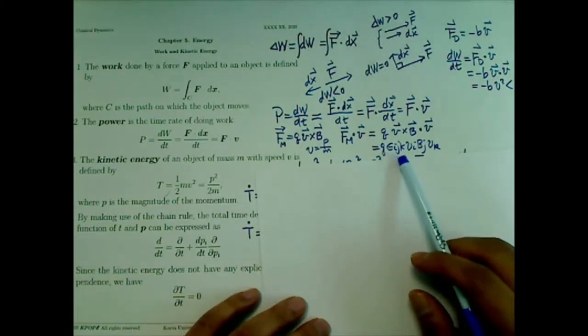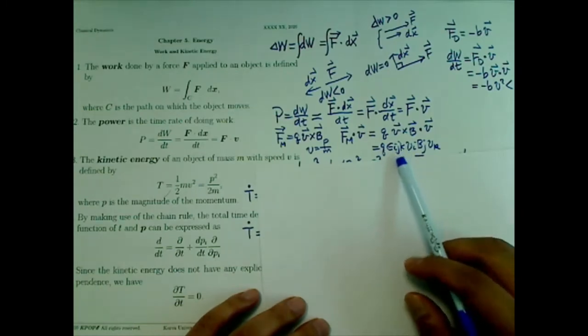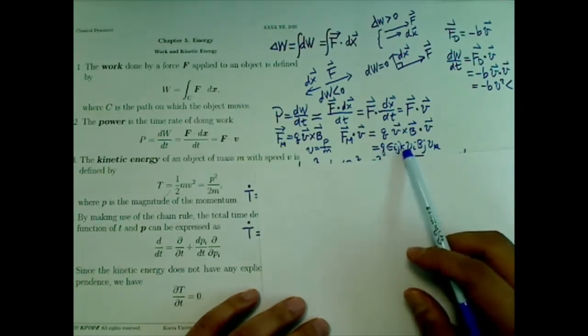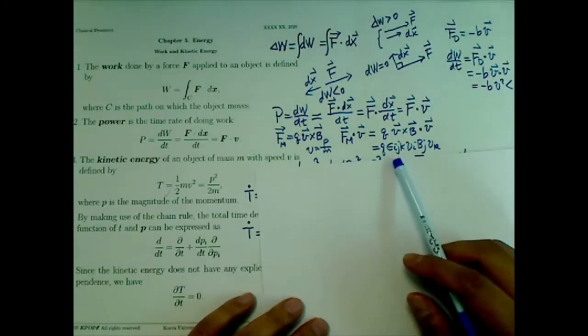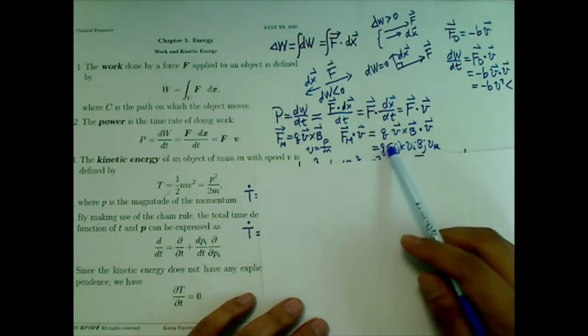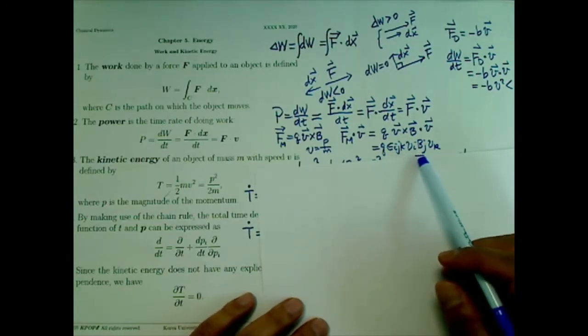As you know, vi and vk are symmetric under exchange of i and k. And epsilon ijk, in i and k, is antisymmetric under exchange of i and k. Therefore, the multiplication of the symmetric and antisymmetric tensor will give 0.